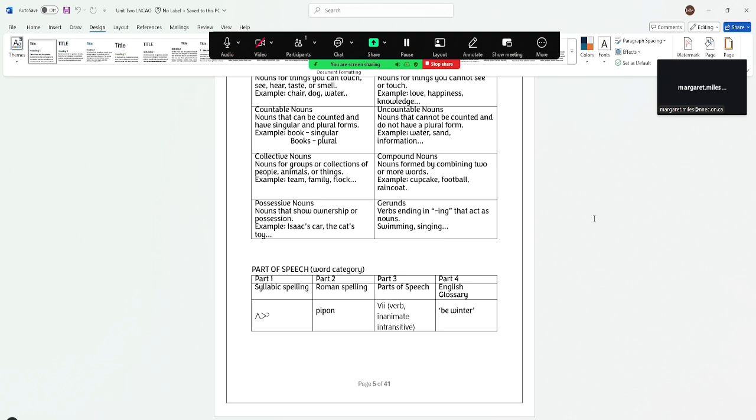Now we will do inanimate, N-I for non-living things. Betawias, bring the meat.